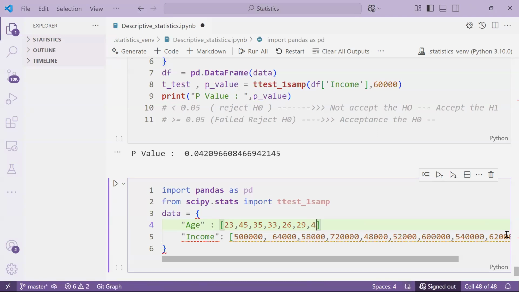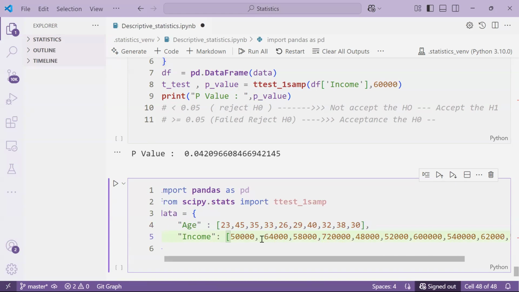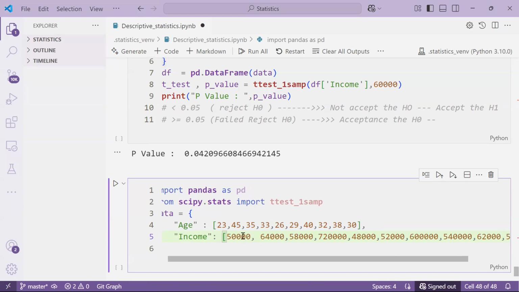You can give any values, guys. Totally, how many data points? 10, right? For example, if a person is age 23, his salary is 50,000. If age is 45, his salary is 64,000. Age 35, it's 58,000. Age 33, it's 70 some value.